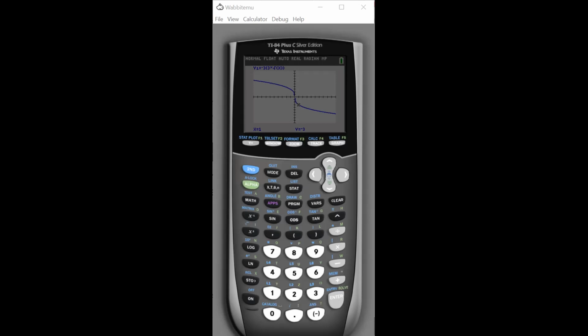Step two, there are two parts of step two. First one is, if it's a positive A, it's gonna look like this.